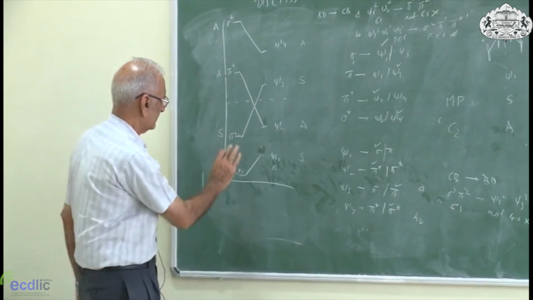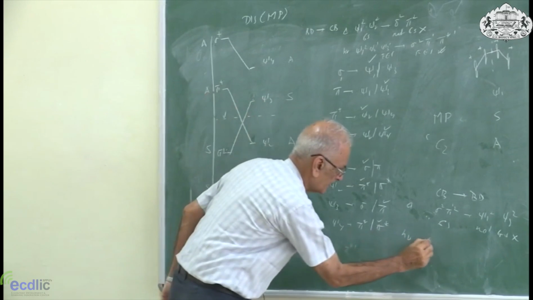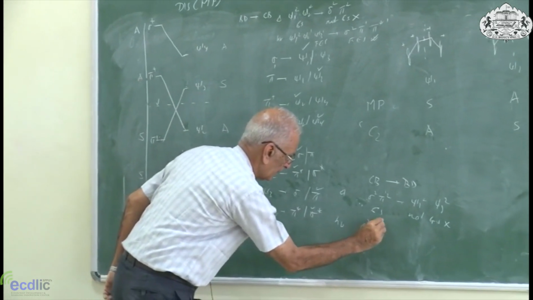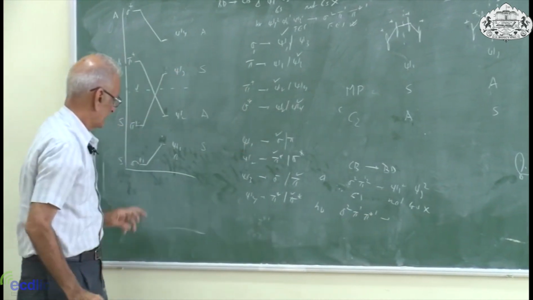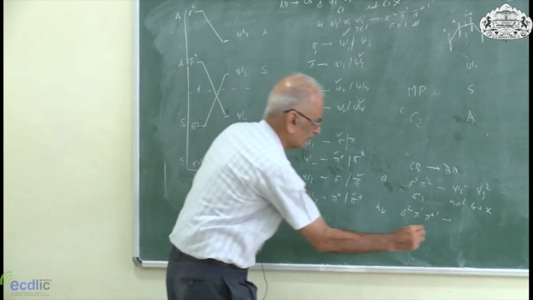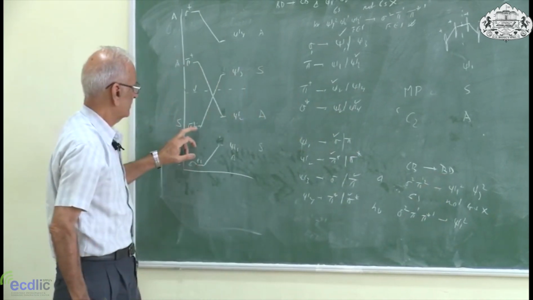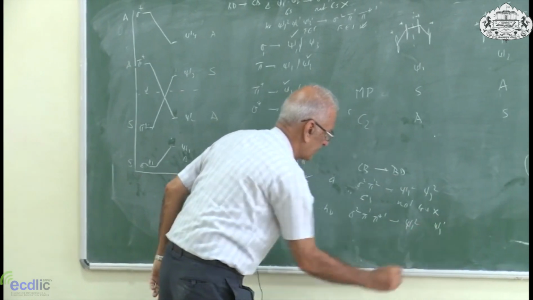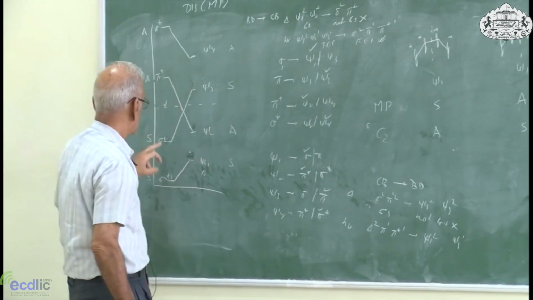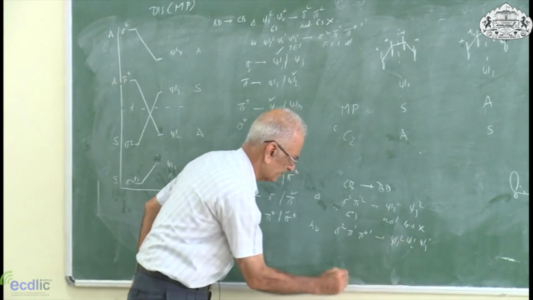Photochemical reaction. Sigma 2 pi 1 pi star 1. Sigma 2 goes into psi 1 2, pi 1 goes into psi 3 1, pi star 1 goes into psi 2 1.